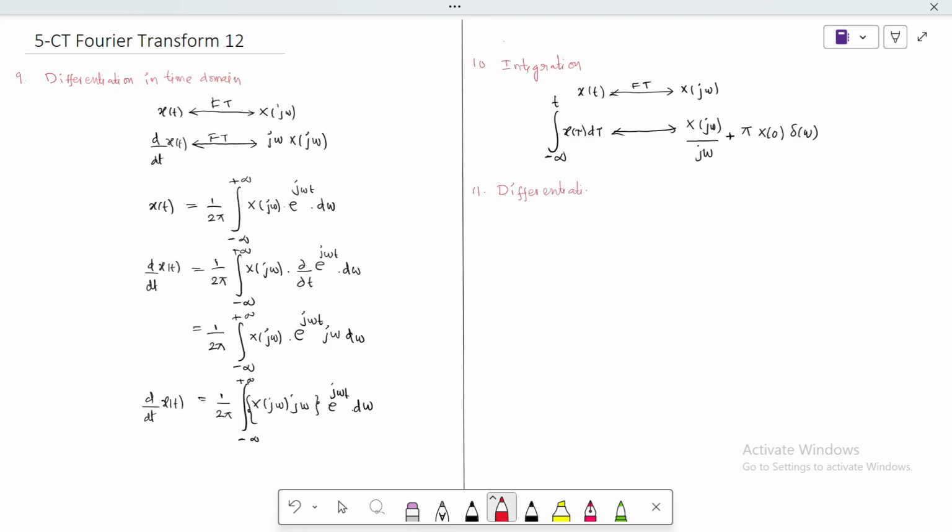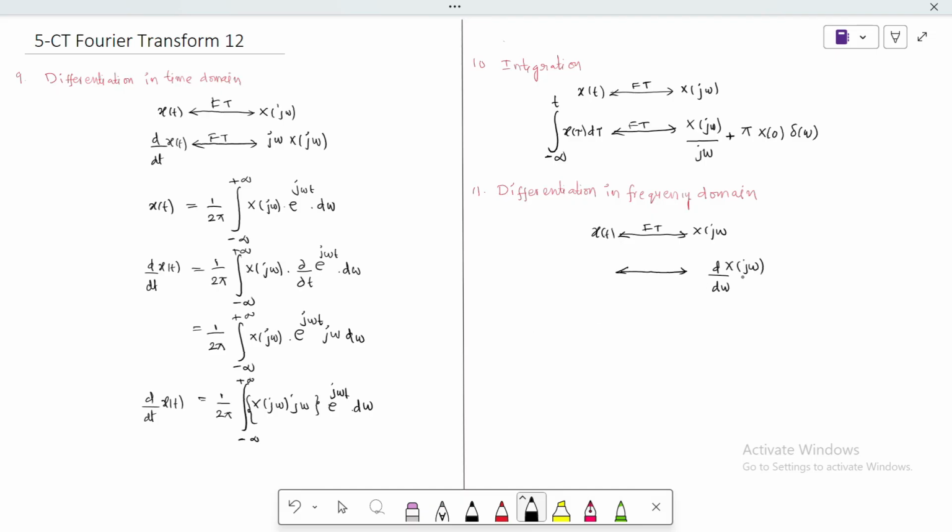If x(t) has Fourier transform X(jω), then what is d/dω of X(jω)?